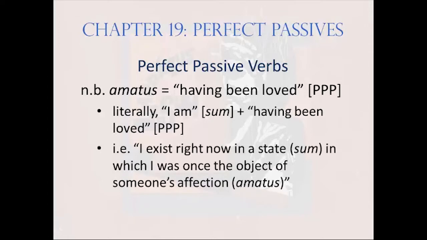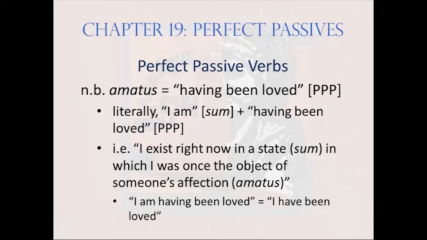In other words, I exist right now, sum, in a state in which I was once the object of someone's affection, amatus. Where Latin puts the past tense value in the participle, having been loved, English puts that same past value in the form of the verb to be, I have been. Thus, I am having been loved is the grammatical equivalent of I have been loved.